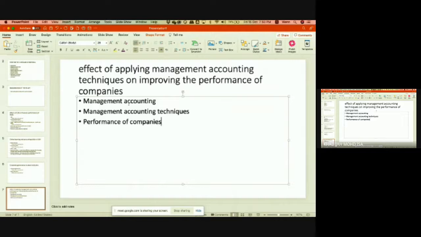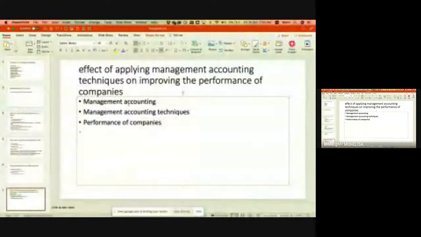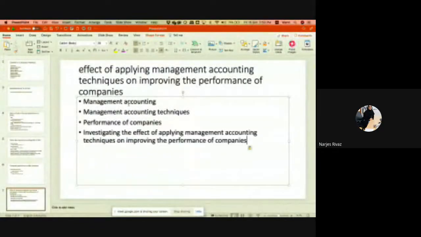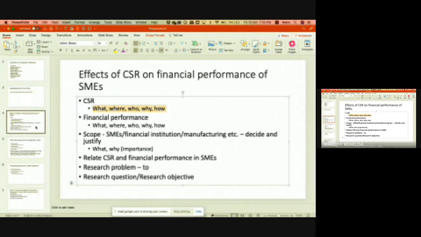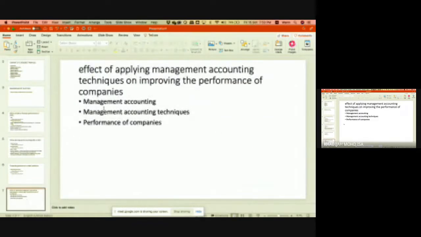Okay, so as we went through just now, for all these things, you have to identify this for each of them: management accounting, management accounting techniques, performance of companies.